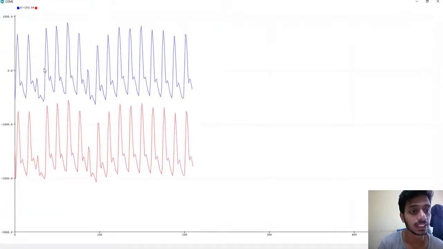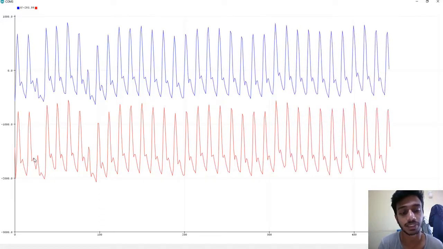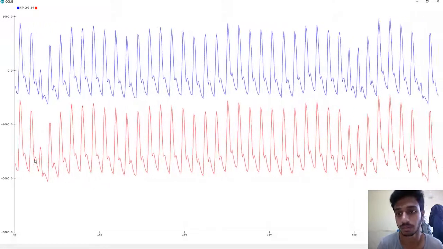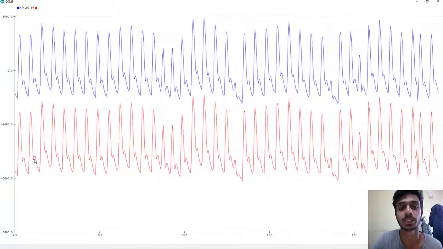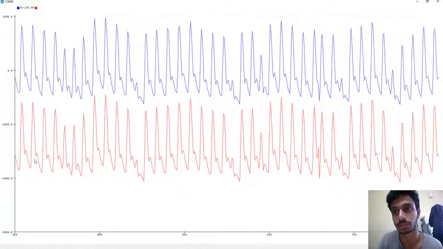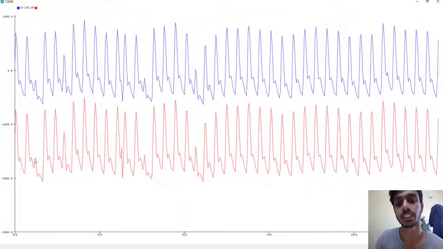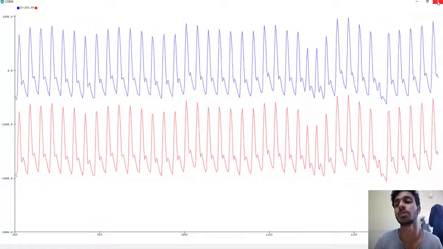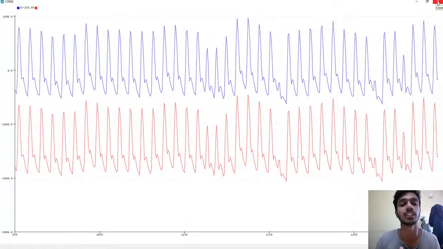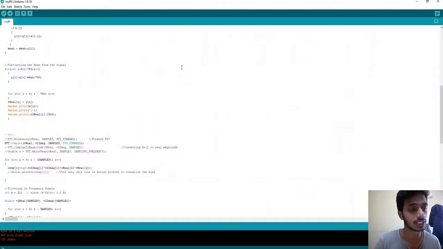As you can see, the blue signal is my input signal and the red waveform is my smoothened waveform. There is not much difference because the signal initially itself was pretty smooth, and since we have applied a moving average filter of order 1, they are almost the same. Since there wasn't much noise, we didn't smoothen it further because that would again change the shape of the signal. So fine, let's move on.